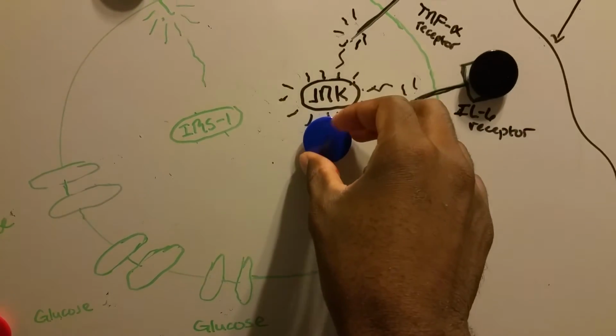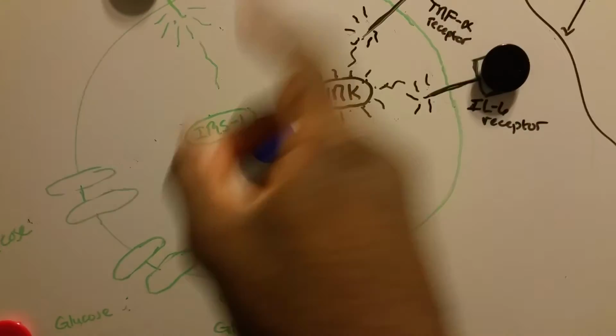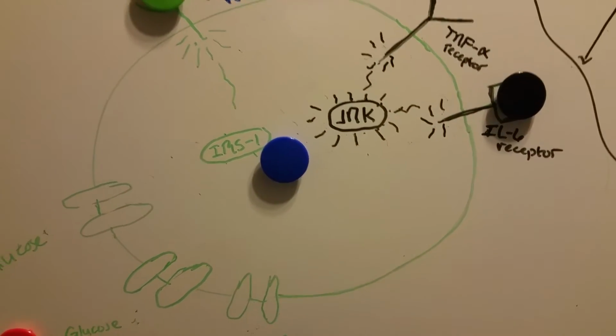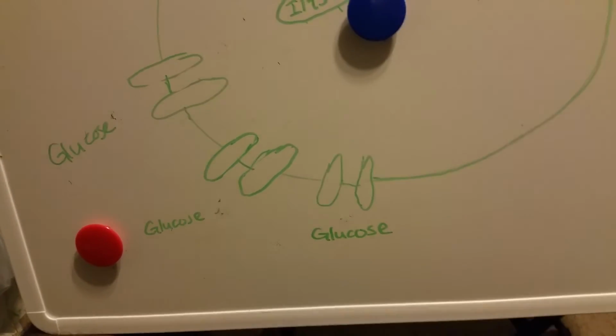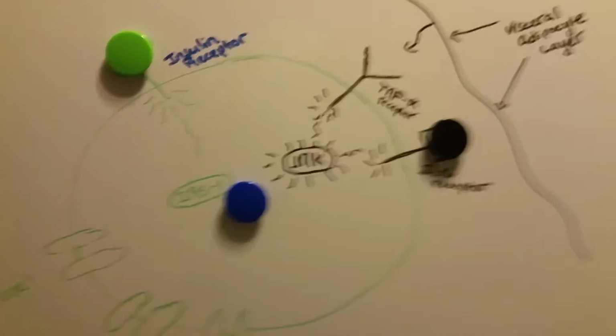So now the JNK phosphorylates this in the process. This protein is never able to reach its activation state, and as a result, the glucose is not able to enter into the cell. Thus, you maintain high glucose levels.